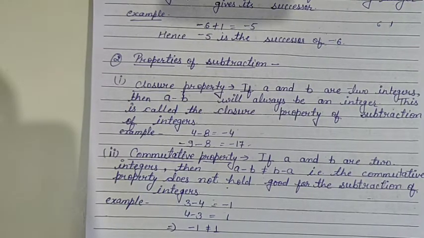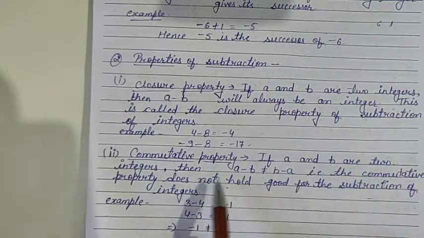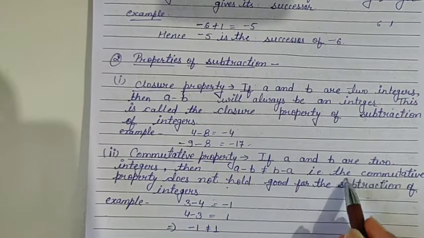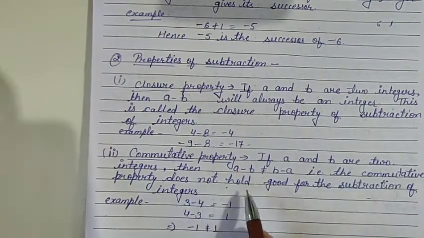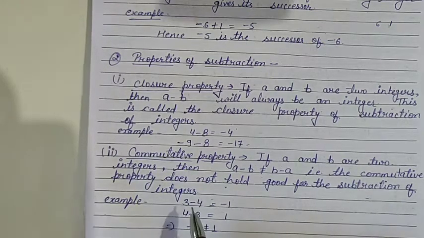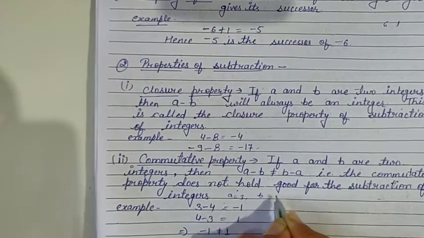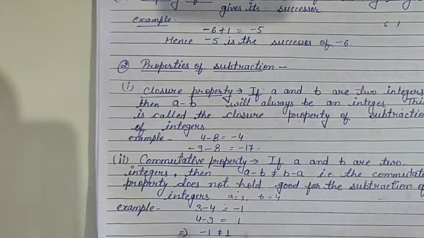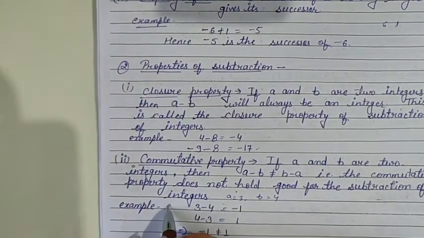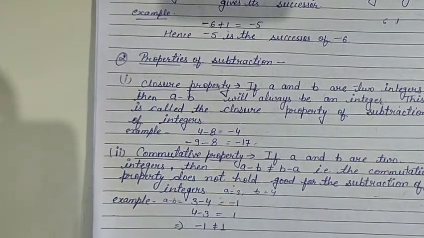Now commutative property. If a and b are two integers, then a minus b is not equal to b minus a. It means the commutative property does not hold good for the subtraction of integers. For example, a equals 3 and b equals 4. Firstly, we will find a minus b. 3 minus 4 equals minus 1.